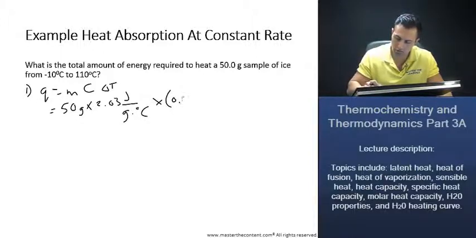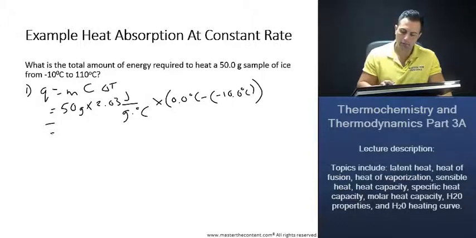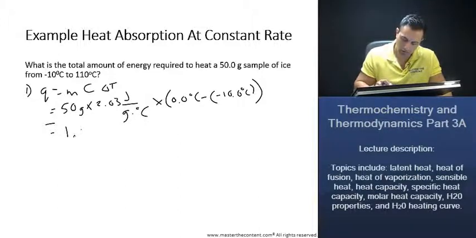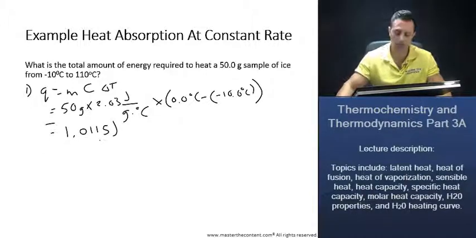And we're going to 0 degrees Celsius. All right, so we're at negative 10 degrees Celsius. Perfect. Once we go ahead and we actually equate this, we're going to end up with a value of 1,015 joules.